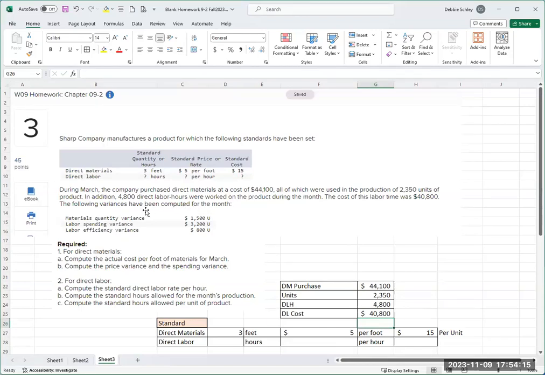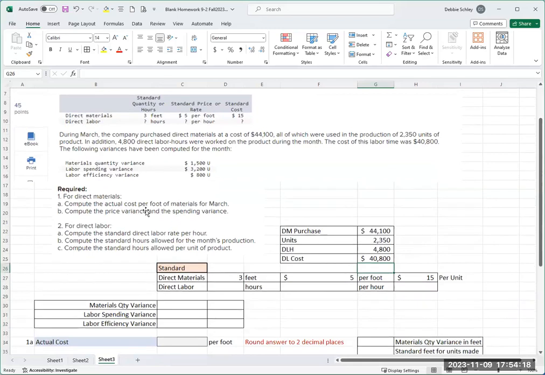And then they also tell me some variances. So materials quantity variance is 1,500 unfavorable. Labor spending variance is 3,200 unfavorable. And labor efficiency variance is 800 unfavorable.